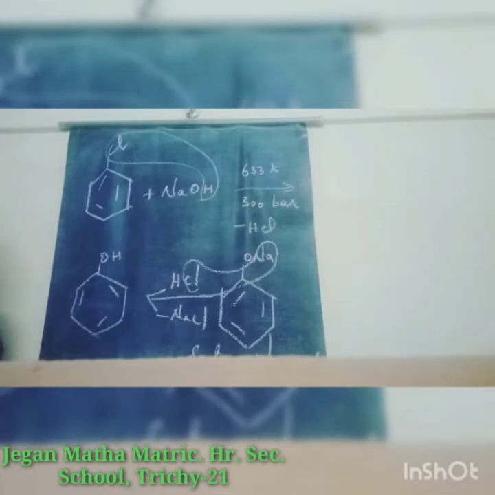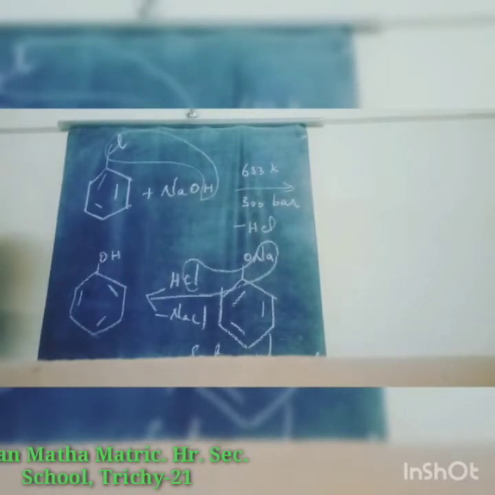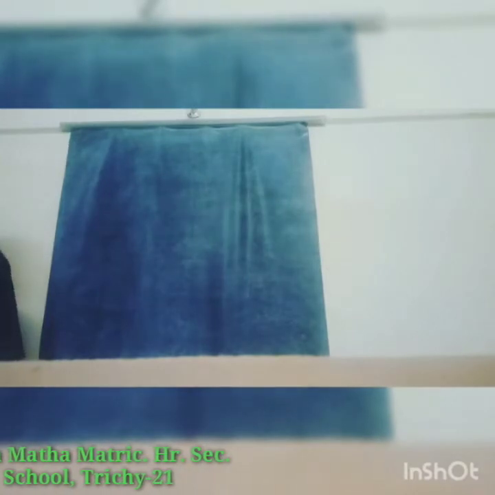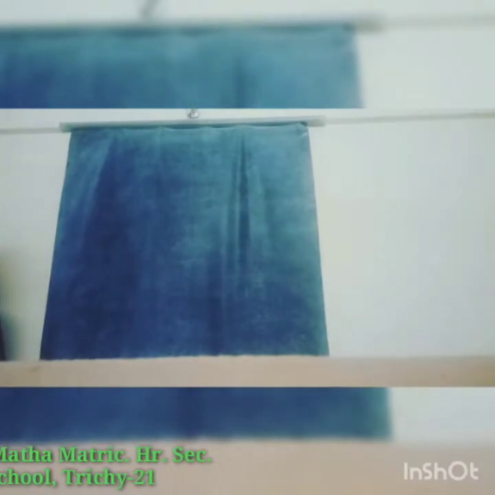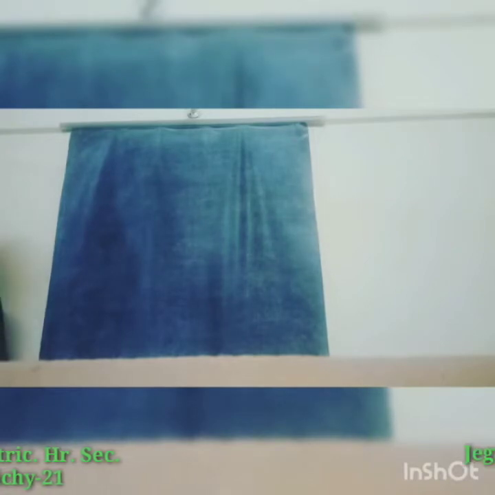And then the second one is from benzene sulfonic acid. Benzene is sulfonated with oleum and the benzene sulfonic acid so formed is heated with molten sodium hydroxide at 623 Kelvin, giving sodium phenoxide, which on acidification gives phenol.